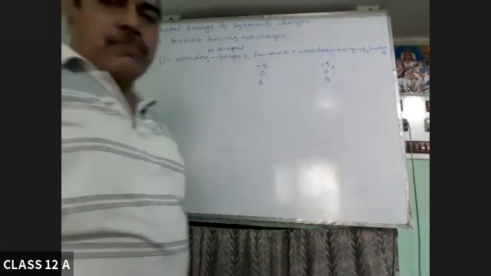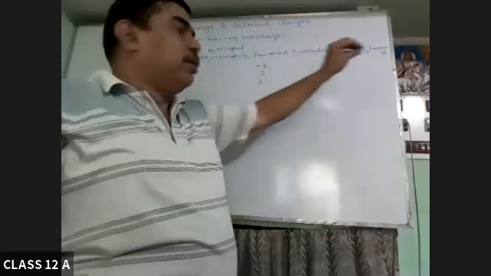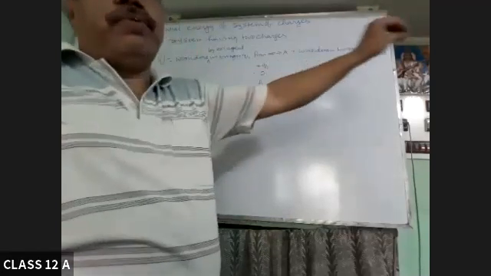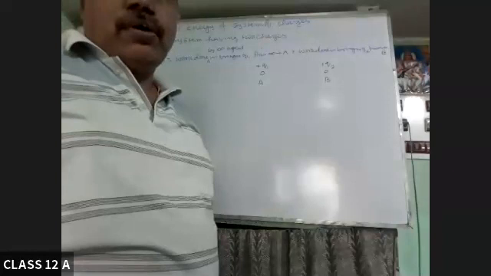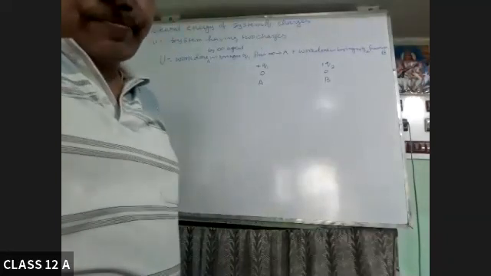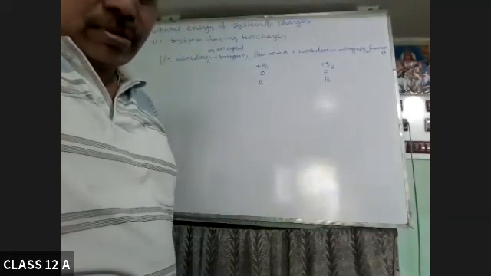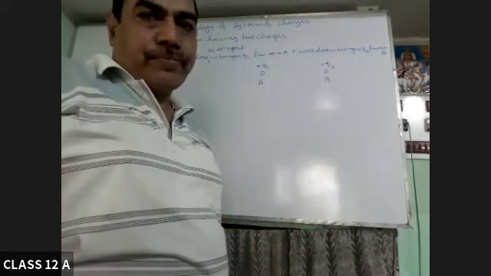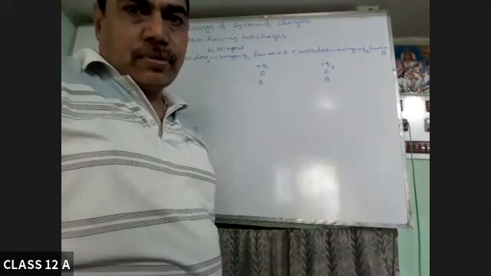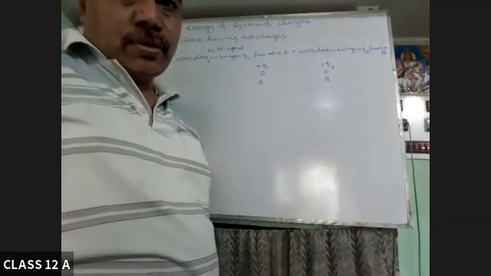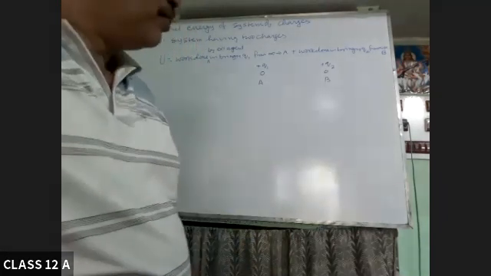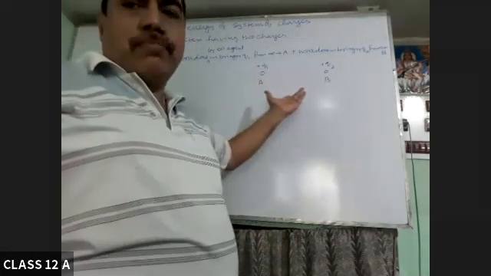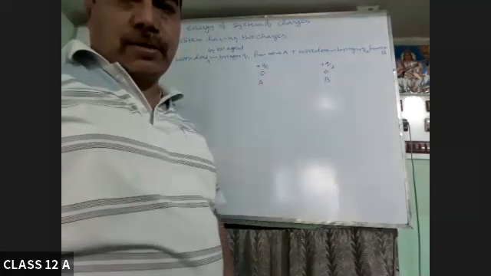Now we consider one by one. Okay, we have brought this Q1 from infinity to this point A. What will be the work done? Do we have to do any work? We do not have to do any work because no electric field is present.